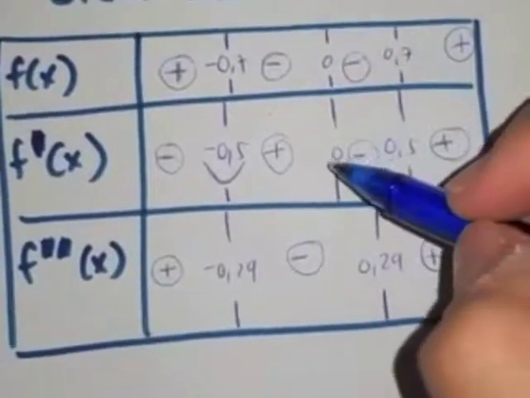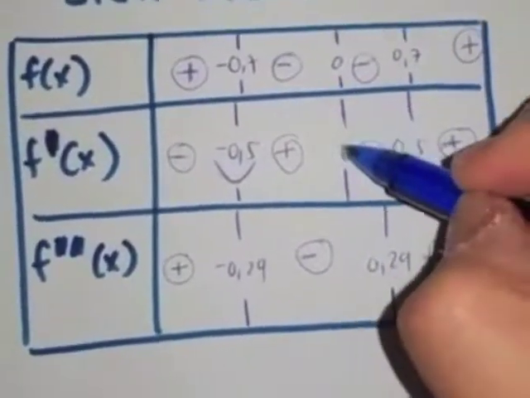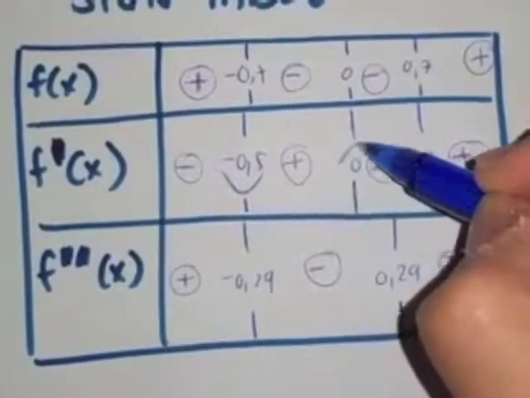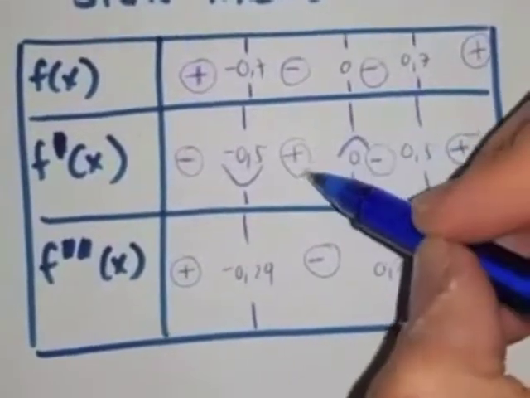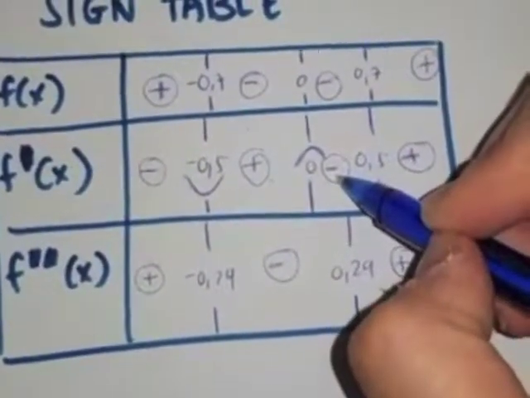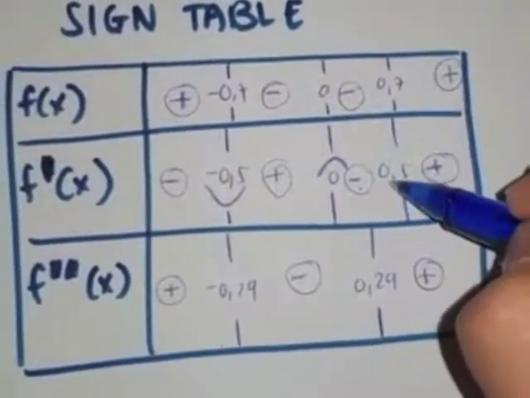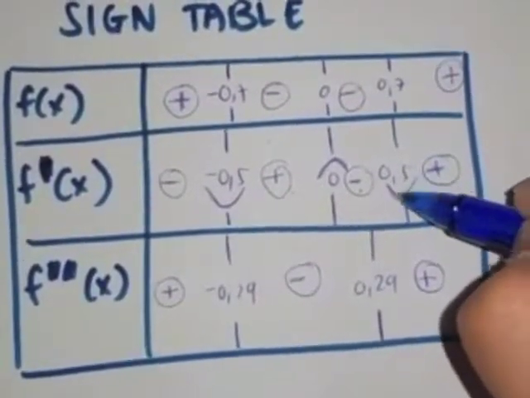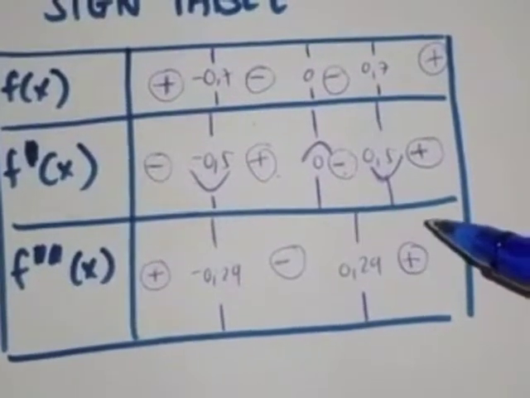We can do something very similar here, except this turning point will now be a maximum because we're going from positive to negative. And we can do the same thing over here because it's negative to positive again, which means that it will have a shape like that.